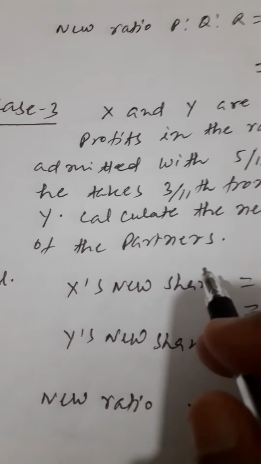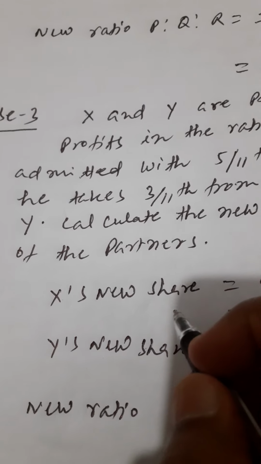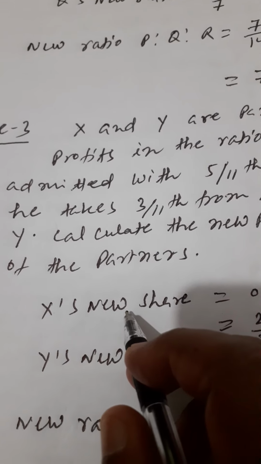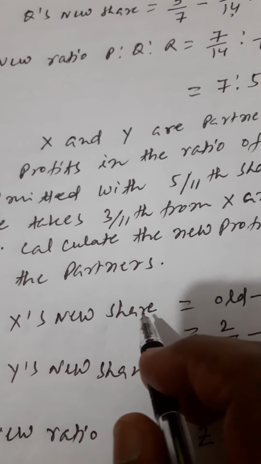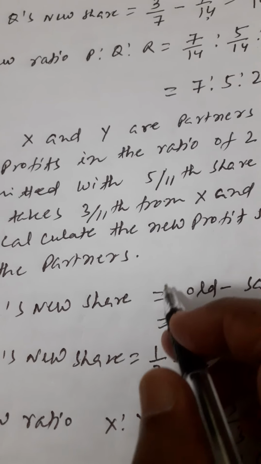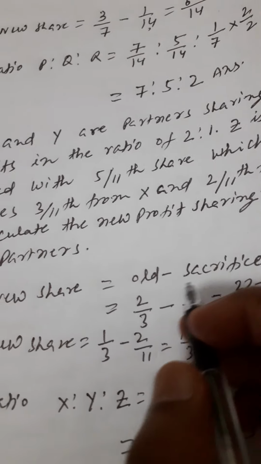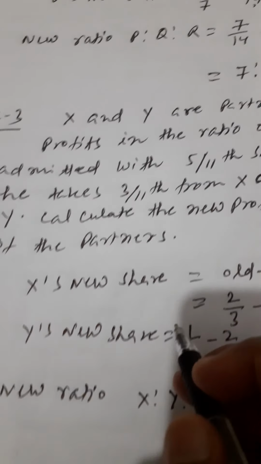Now, in this type of problem, what you have to do, you have to calculate the new share of the old partners. Now, what is the formula for calculating new share? The formula is old share minus sacrifice. Now, X's new share will be calculated.